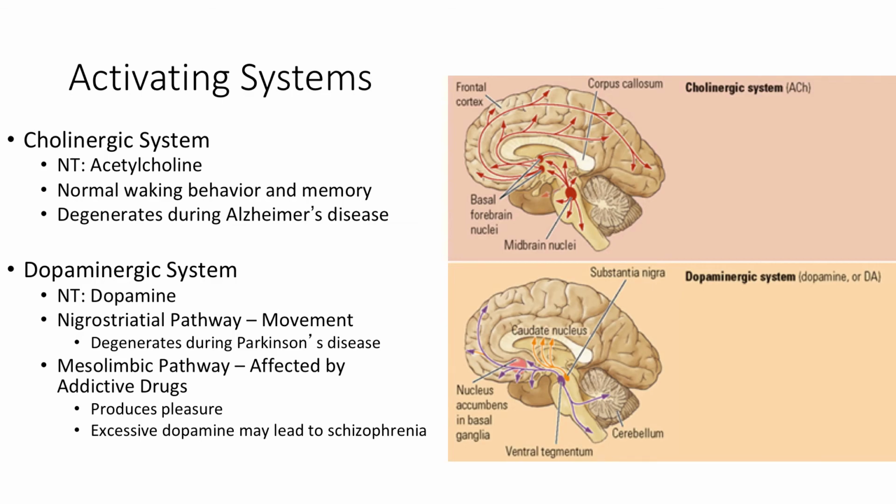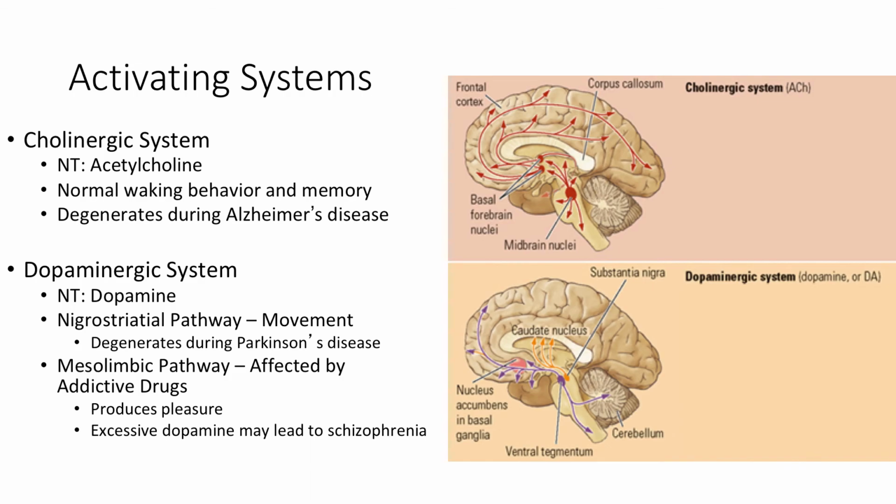The other pathway is the mesolimbic pathway, and this one starts in the ventral tegmentum, and it is purple in this picture. This system is often affected in addiction, for any type of addiction, so an addiction to food or drugs, or other addictive behaviors such as gambling.